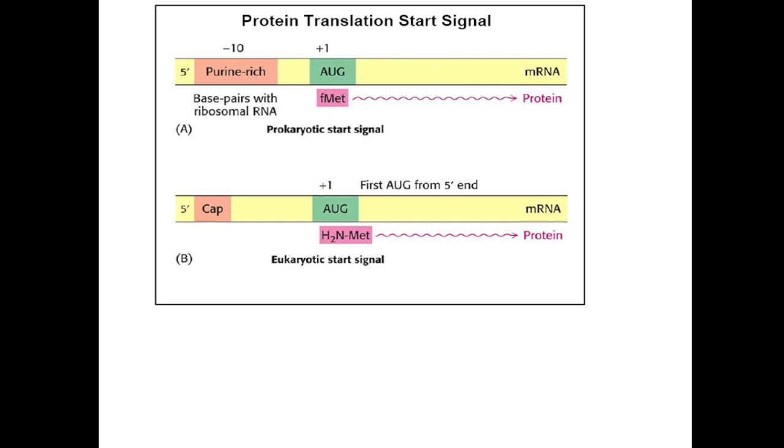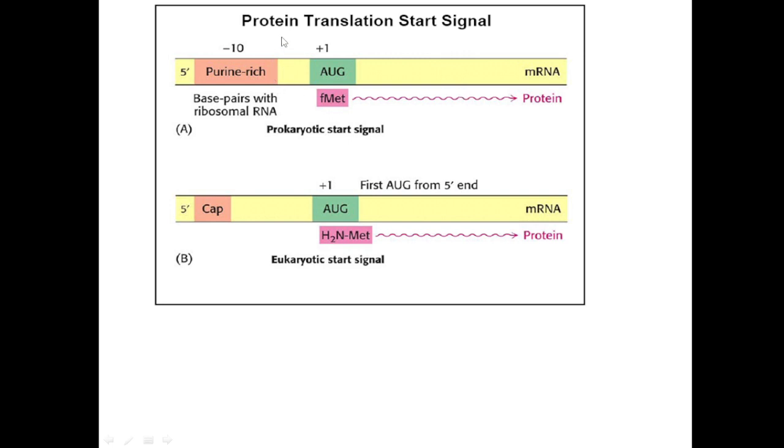In prokaryotic messenger RNA, upstream of the start there will be a purine-rich special sequence, near 10 nucleotides upstream of the first triplet. And if you remember polycistronic messenger RNA, it can have more than one structural gene, or cistron, and each of them will consist of an AUG.